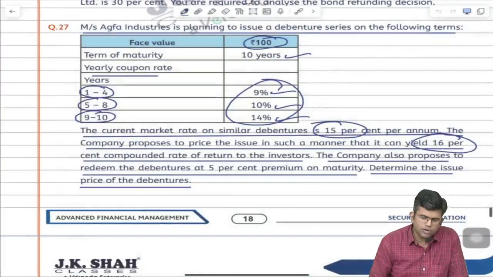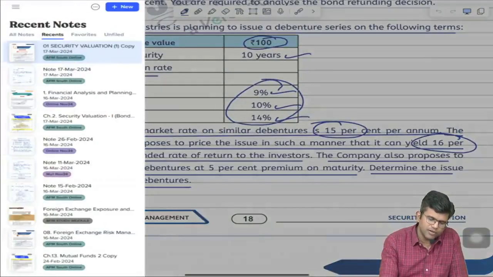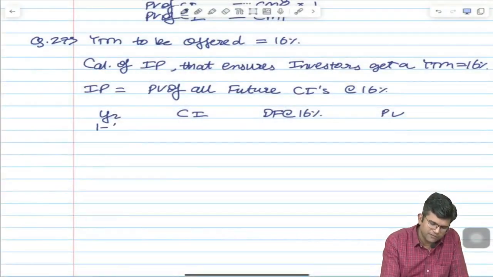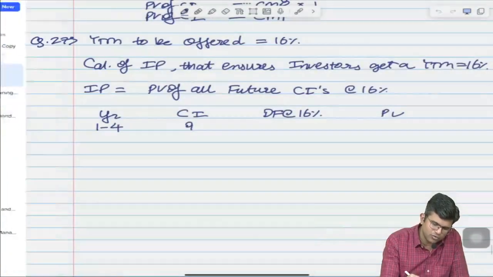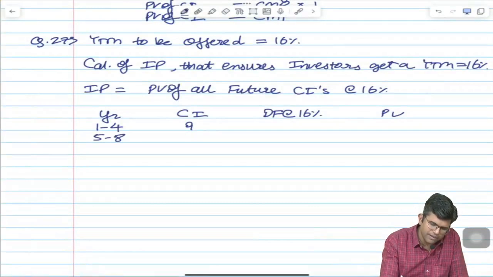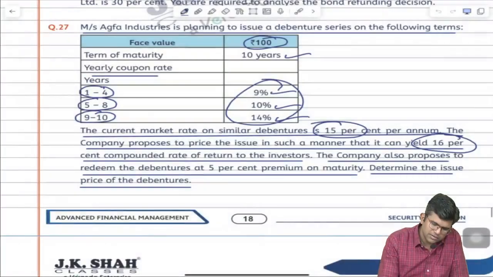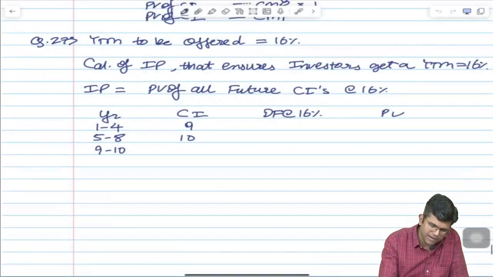Now tell me, in each year what all will you get? 100 rupees is the face value. For the first 4 years, look at the screen once, 9 rupees per annum you will get. Next 4 years, 10 rupees per annum you will get, and last 2 years 14 rupees per annum you will get.